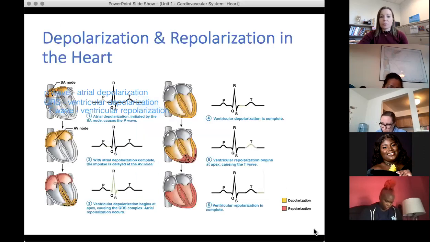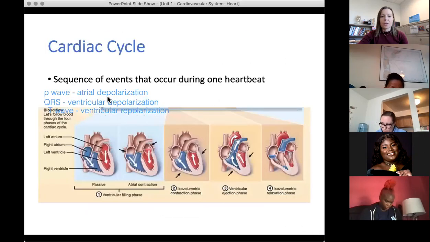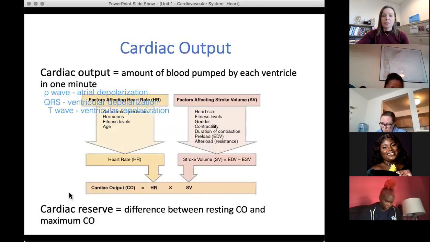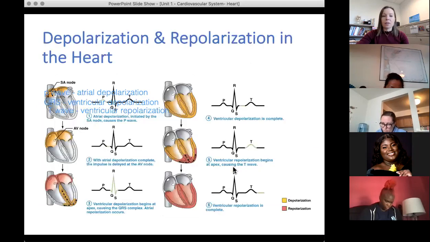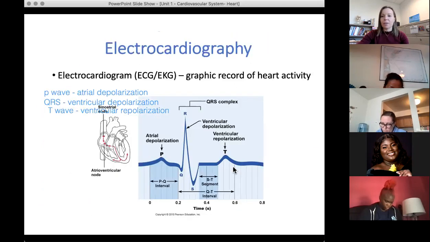So here we go. Oh, I guess I don't really have a slide for that. I'll just leave this one up. The heart sounds, any heart sound that you hear, like listening with a stethoscope, are produced by the heart valves.